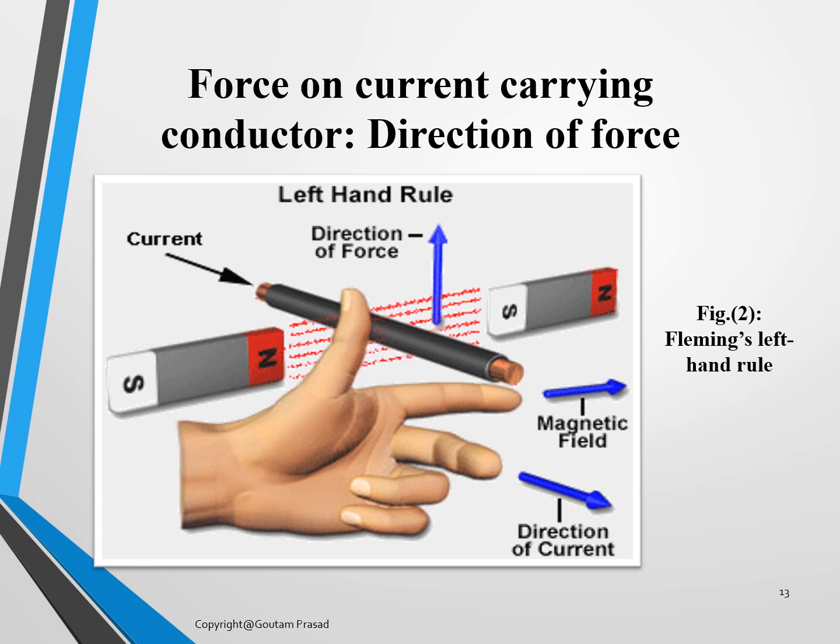Now, your forefinger is in the direction of the magnetic field, and your middle finger is in the direction of current in the conductor, then your thumb will represent the direction of the force on the conductor. So with the help of Fleming's left hand rule, you can predict the direction of force exerted on the conductor in the case of a DC motor.